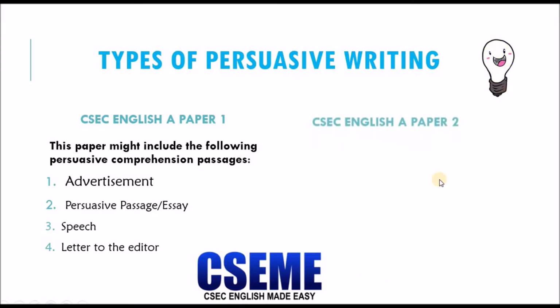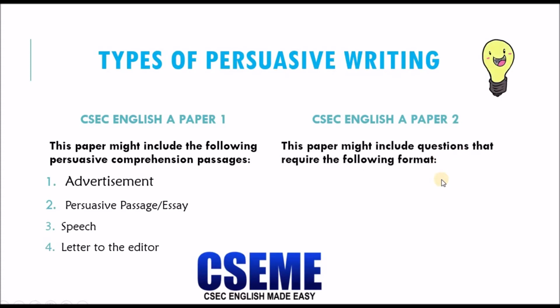For paper 2, once again, this is the extended writing on the CSEC English A paper 2. Section D is considered to be the persuasive/argumentative section.